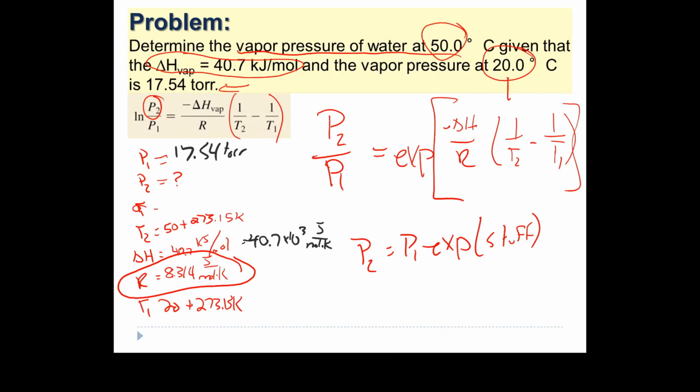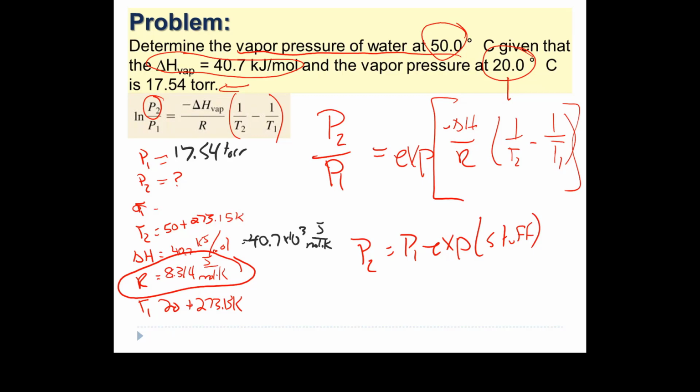Can we leave the pressure in torr? That's a good question. What do you think? What are the units inside the exponential? All that stuff in there, right? What is the unit of delta H? Kilojoules per mole, okay? What is the unit of R?